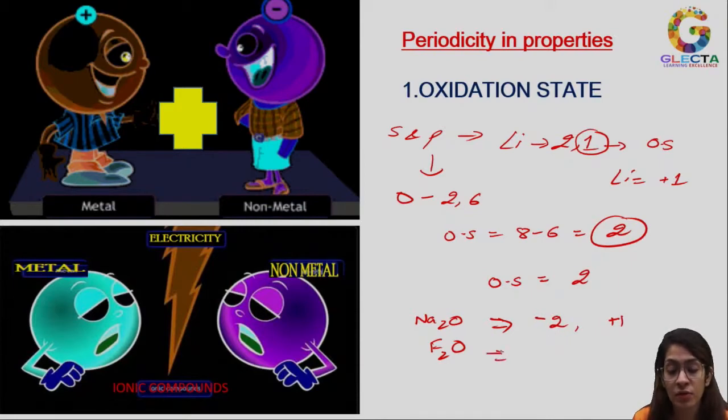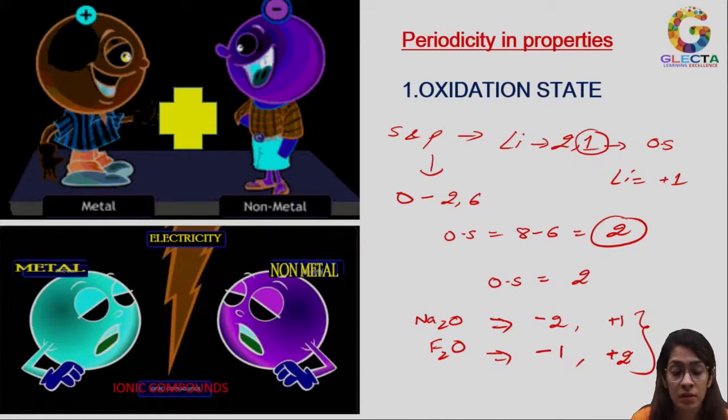Whereas in case of F2O, since fluorine is more electronegative than oxygen, it would show an oxidation state of -1, and oxygen would show an oxidation state of +2. So this oxidation state varies from compound to compound.